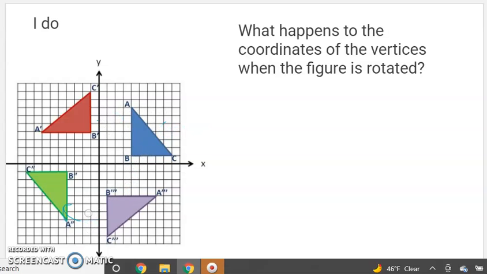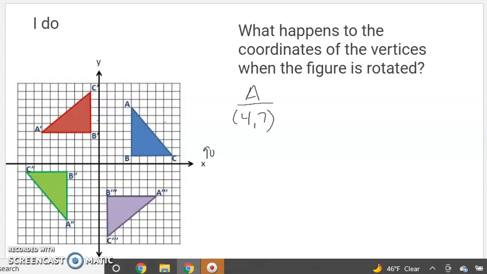You're going to see a pattern in here real quick. Let's do one vertex at a time. So the original point A was, let's see, 1, 2, 3, 4. 1, 2, 3, 4, 5, 6, 7. So the original point A was at 4, 7.